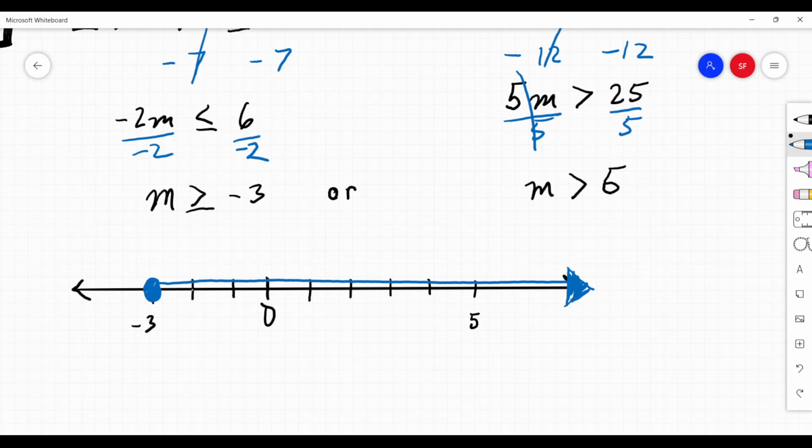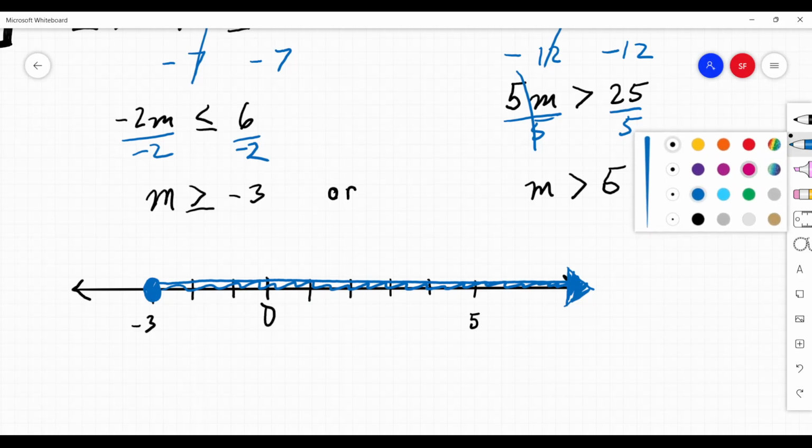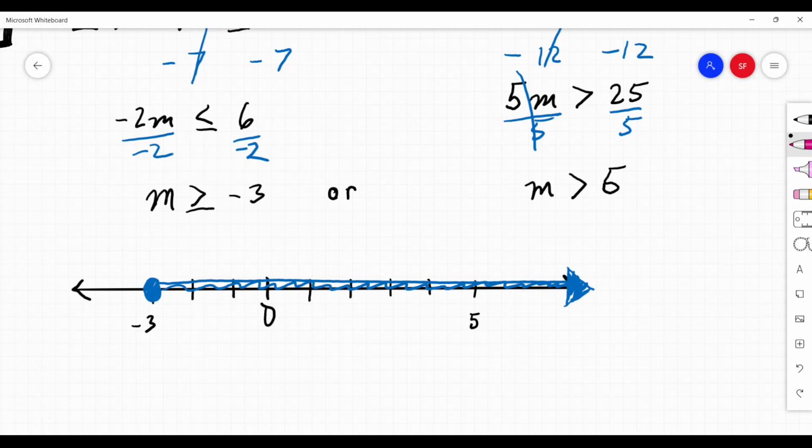I'm going to use a different color than for the 5. You shade it all the way to the end, not just to the 5. This one is less than 5.